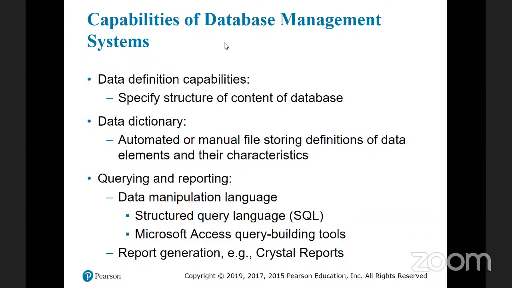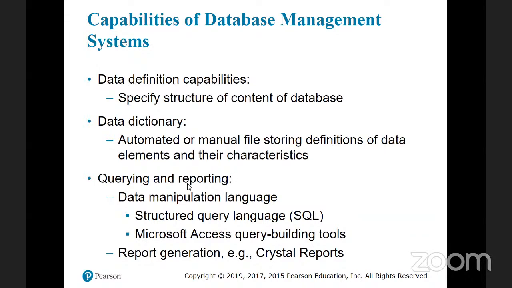So in a database management system, you're going to have a data definition for every single entity and field. Every entity and field in the data should have a specific definition, and it would be good to have a data dictionary where you actually store those definitions and their characteristics, so there's no confusion if somebody leaves the organization.